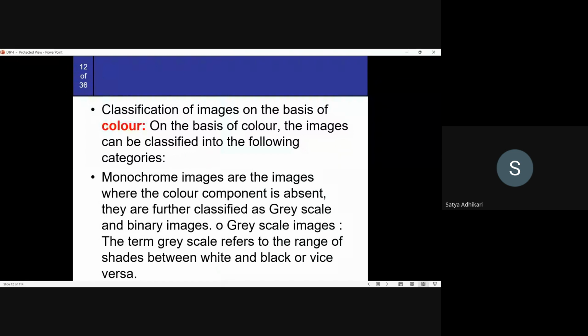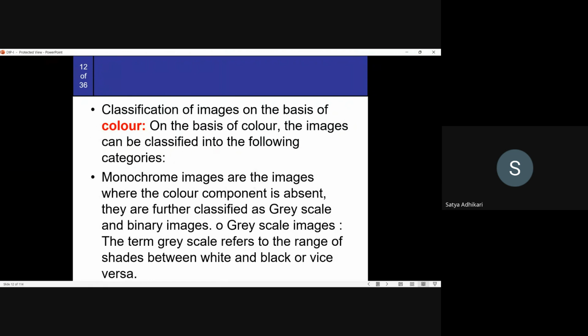So as we discussed, the image can also be classified on the basis of other components. The first one is attribute, and second, as you see, it is color. So based upon the color also, an image can be classified. A monochrome image is an image where the color component is absent. They are further classified into grayscale or binary images. Why binary? The word binary means two. So a binary image is an image represented by only two colors, basically black and white.